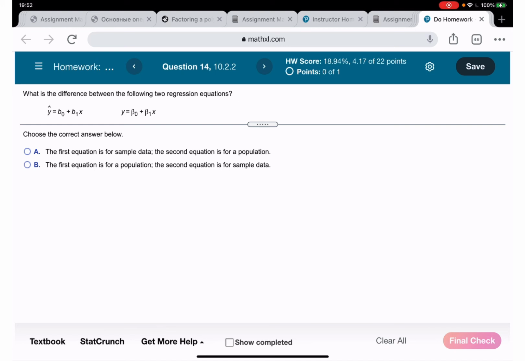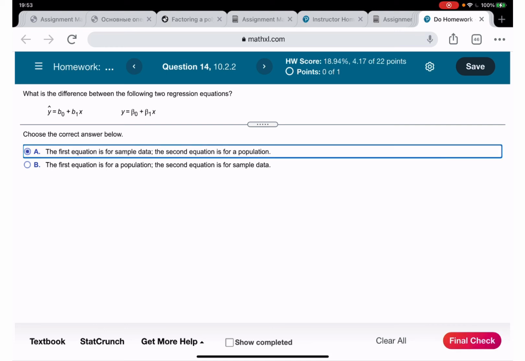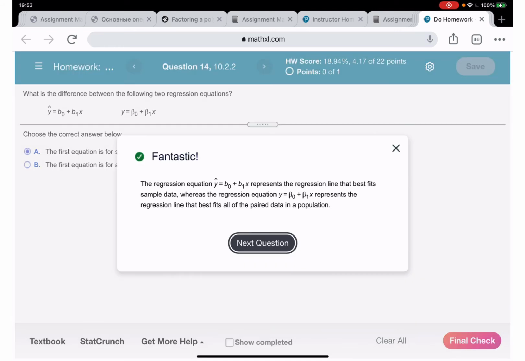Well, if you remember the regression line, lowercase b0 and b1, where b1 is the slope and b0 is the intercept, that represents the sample. And uppercase B0 and B1 represent the intercept and slope for the population. So the first equation is a sample, and the second one is a population.